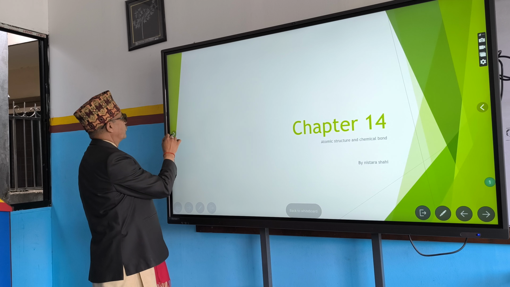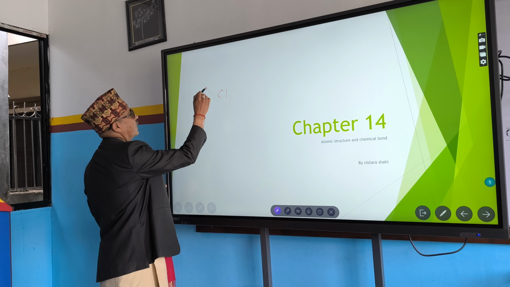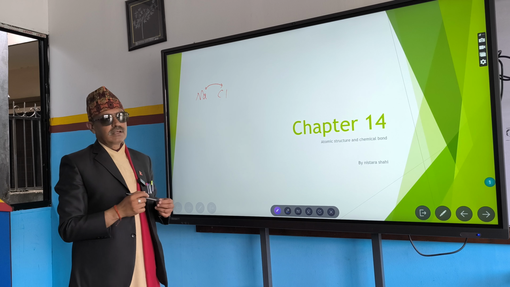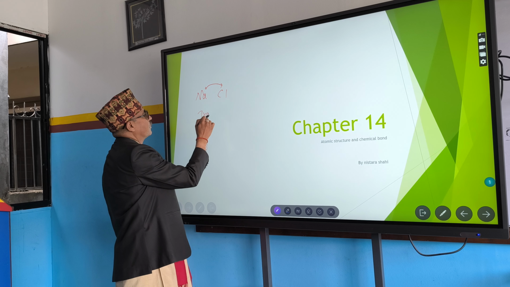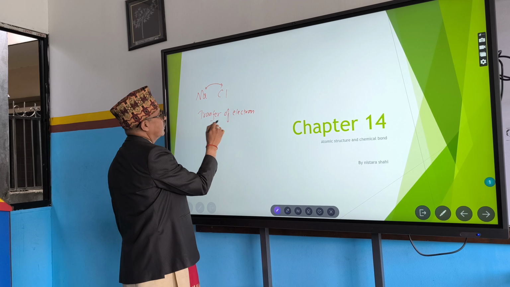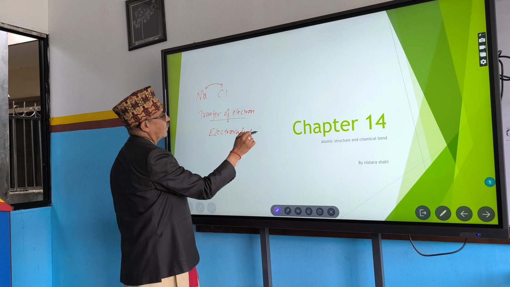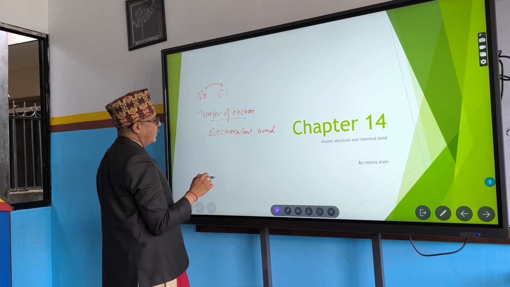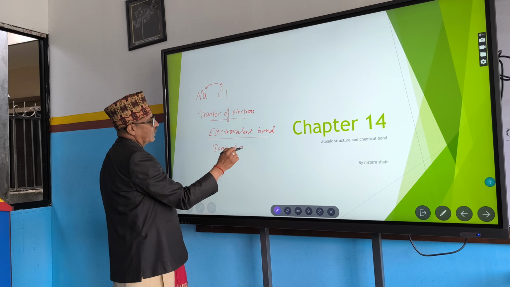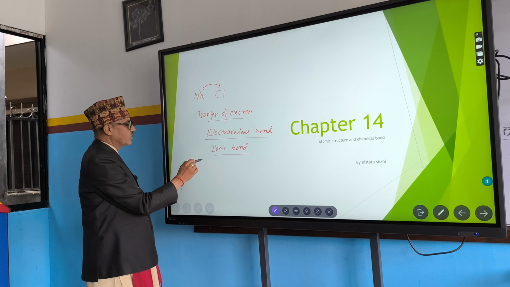So in an electrovalent bond, there is one metal and one non-metal. The metal donates an electron from its valence shell to the non-metal. There is transfer of electrons in the electrovalent bond. And this electrovalent bond is also called ionic bond. Why? It forms ions.